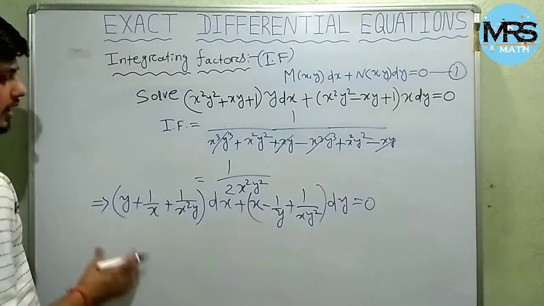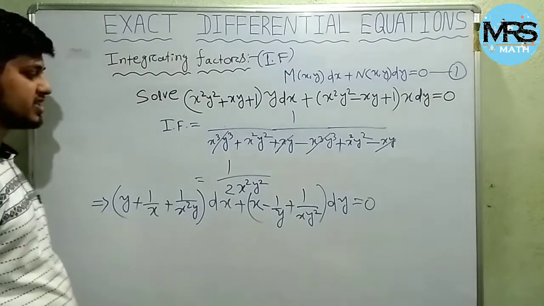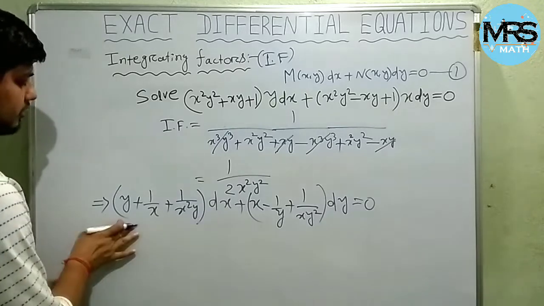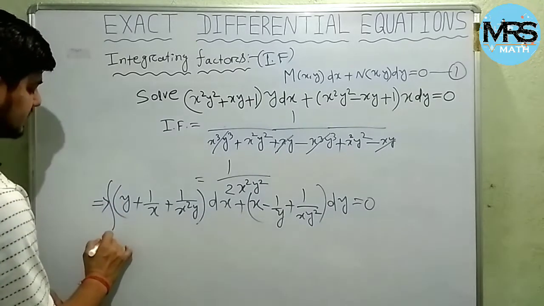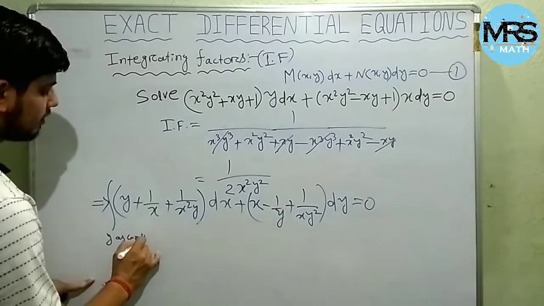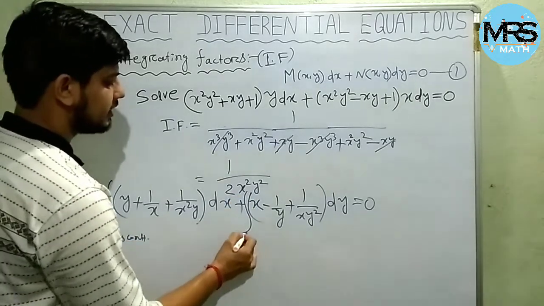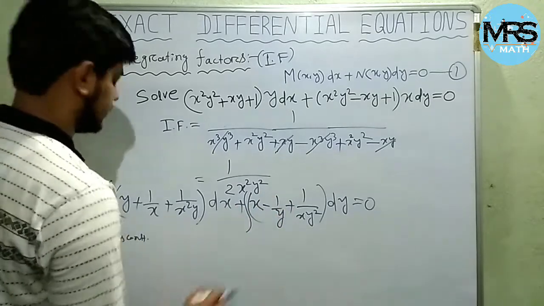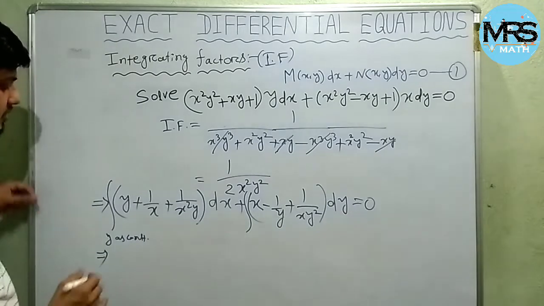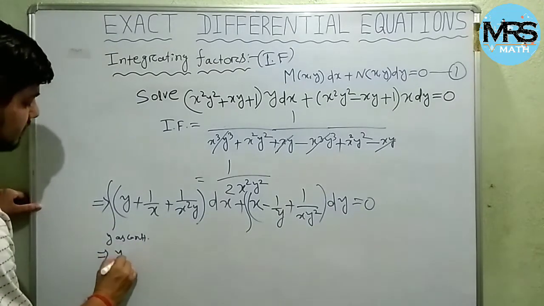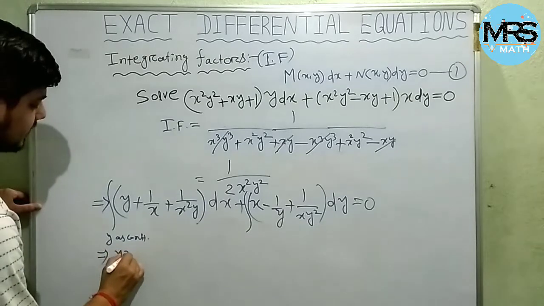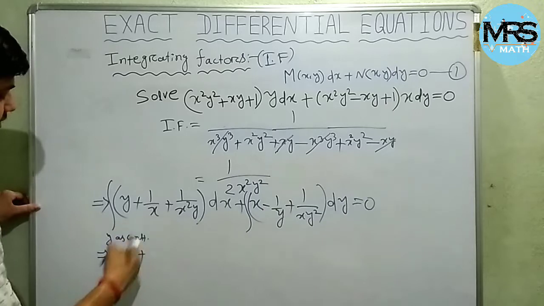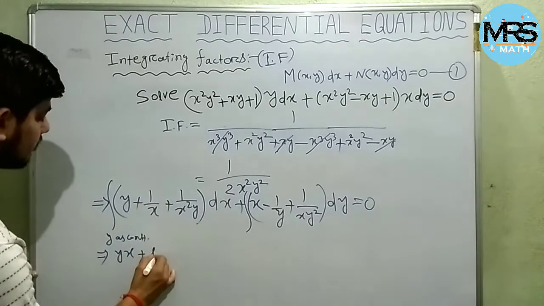So now what we will do? Now this became an exact differential equation. So after applying the same method, this one we will integrate by keeping y as constant, and this term we will integrate where x term will not be there. That means only this one we will consider. So let us solve this one. So y as constant, so this will be xy, plus here 1 by x is there, so that will be your log x.